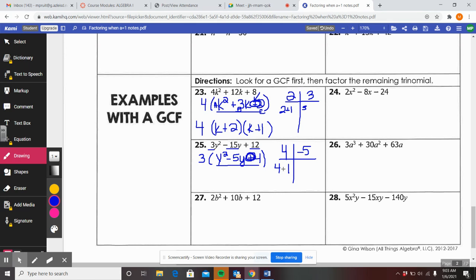So how do I make it a negative 5? Negative 4 minus 1. That's what gives you negative 5. So now all you do is write what you've GCF'd out in front of your parentheses. You have y minus 4, y minus 1. And that's it.